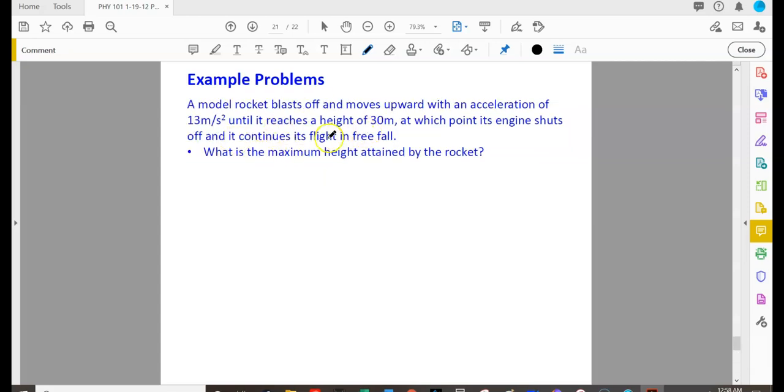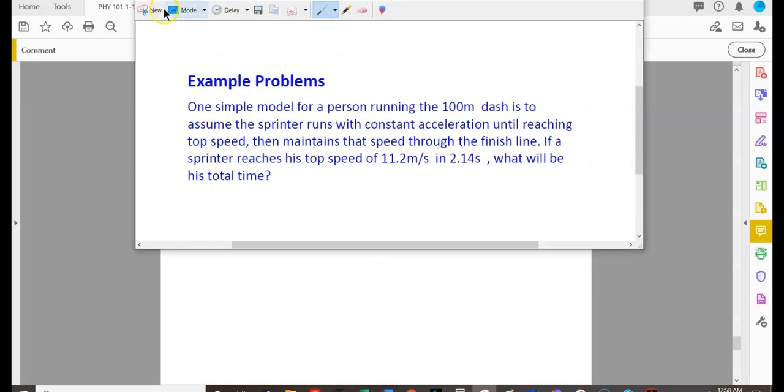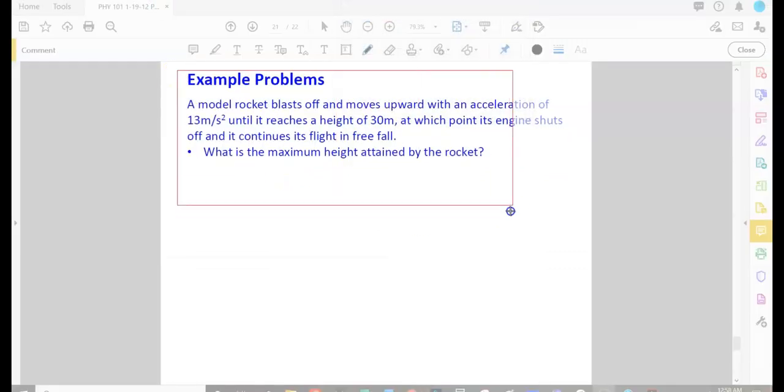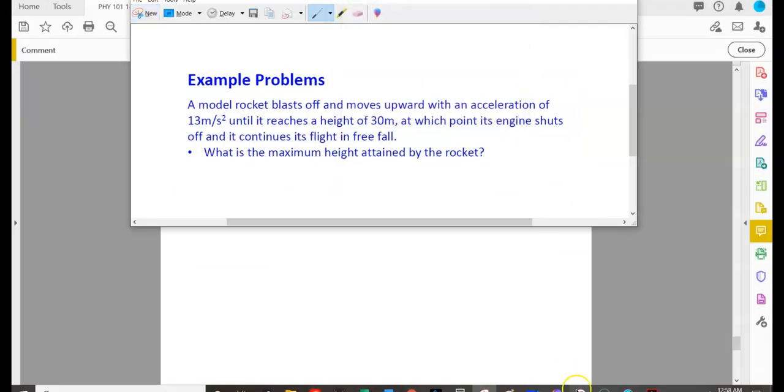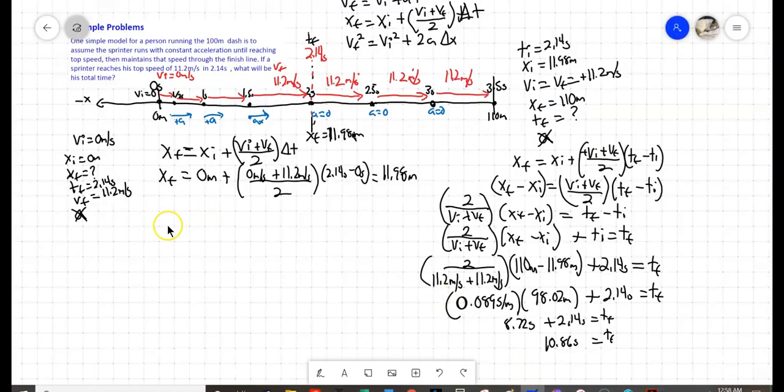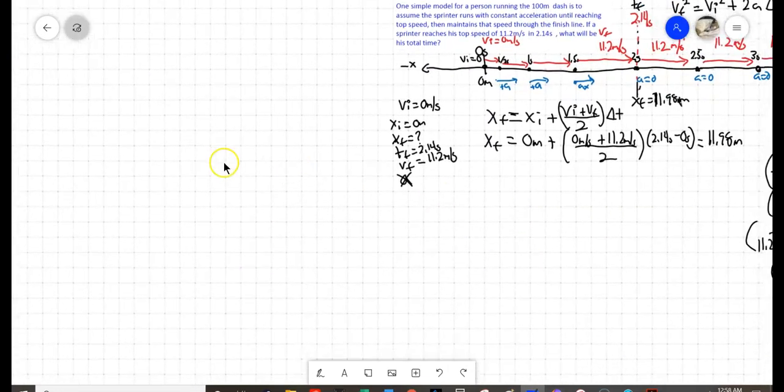But let's do the rocket model problem, and this is with a free fall situation. You have a rocket that's going to be blasting off. I like using the whiteboard for solving problems, so I'm going to move it over to here.